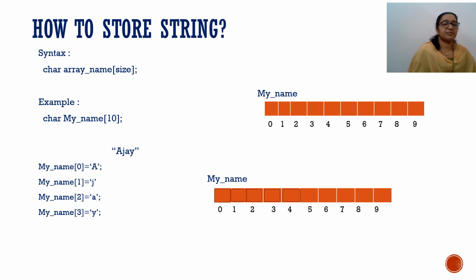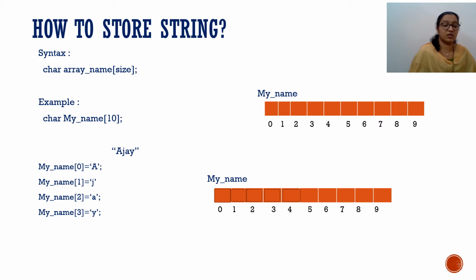Now see, Ajay is the word or the name. I want to store it in that myName array. So how can we assign it? Each character we want to assign to each location. The letter A of Ajay I want to store in myName of 0th position. So myName[0] is equal to 'A' in single quotes.